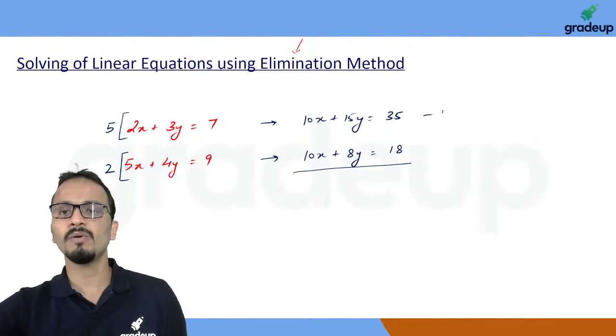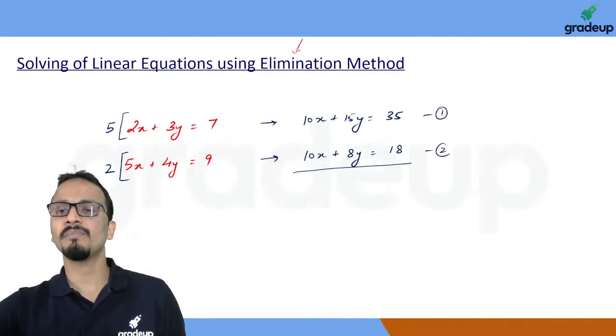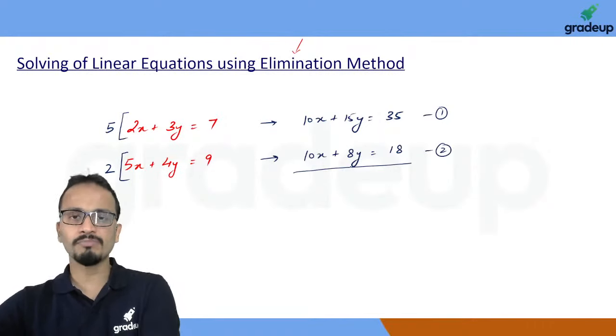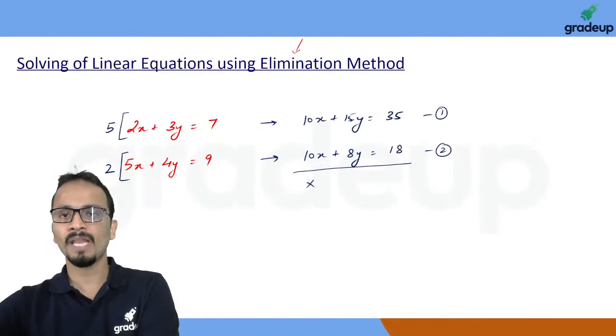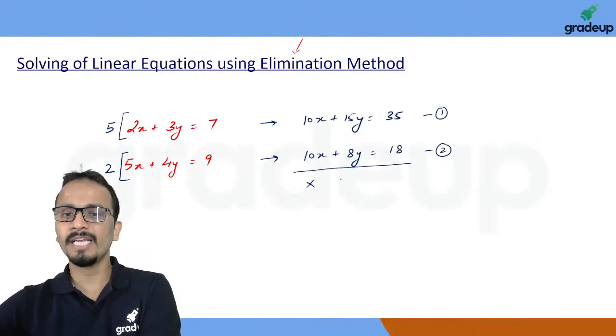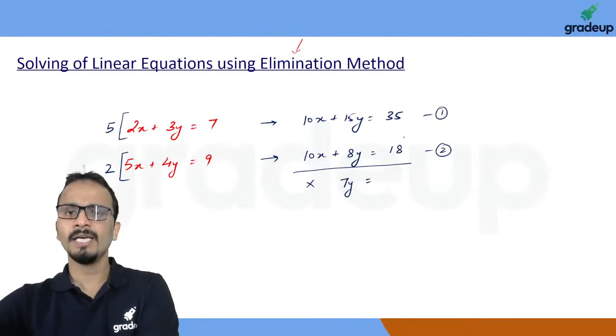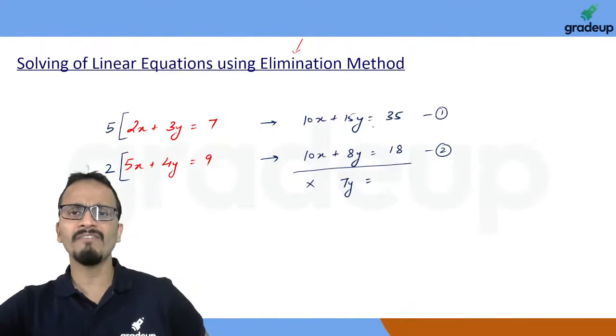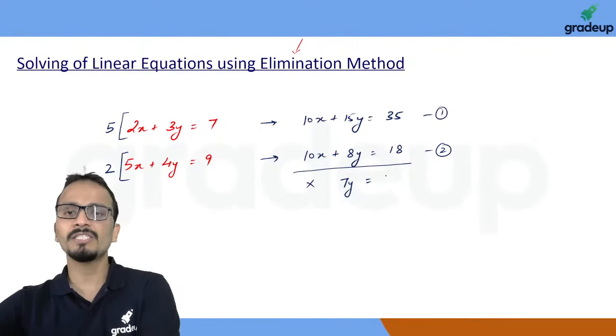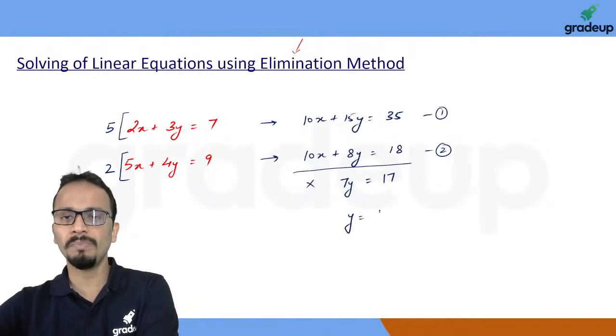Equation number 1 minus equation number 2: 10x minus 10x, nothing will be left here. 15y minus 8y, I will have 7y on the left hand side. On the right hand side, I will have 35 minus 18, that is 17. So the value of y will be equal to 17 upon 7.